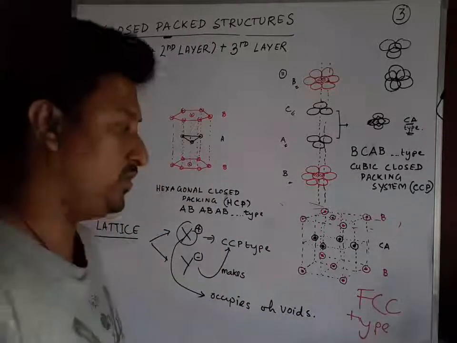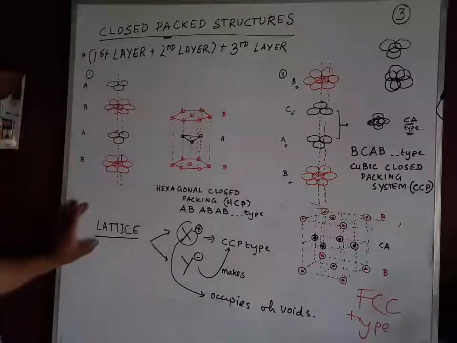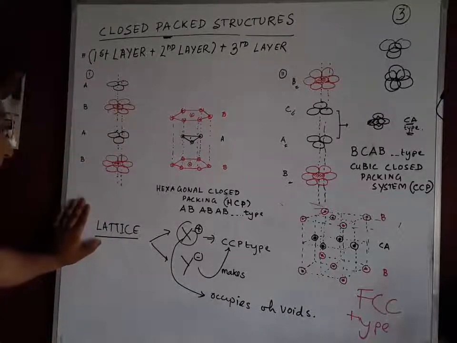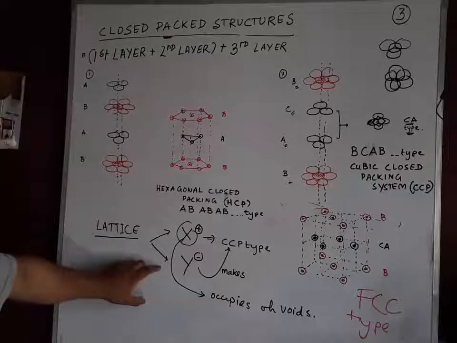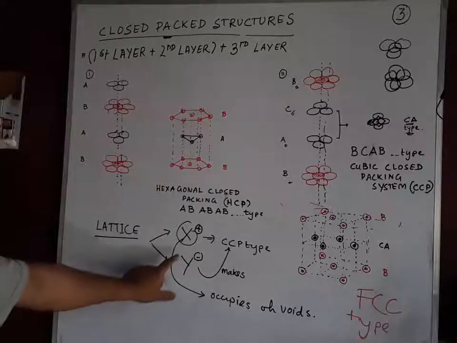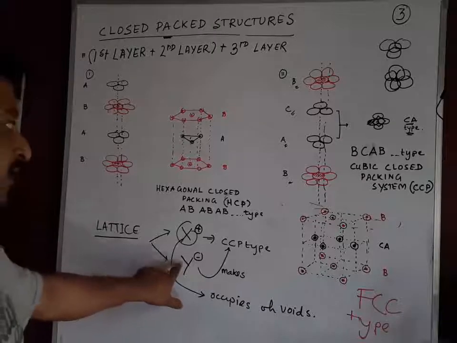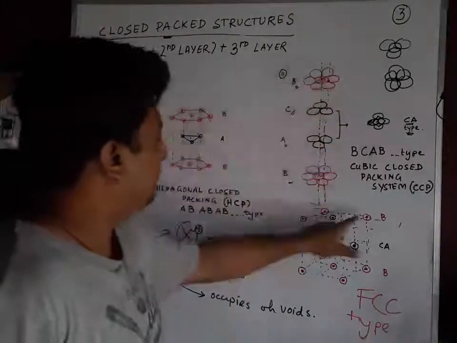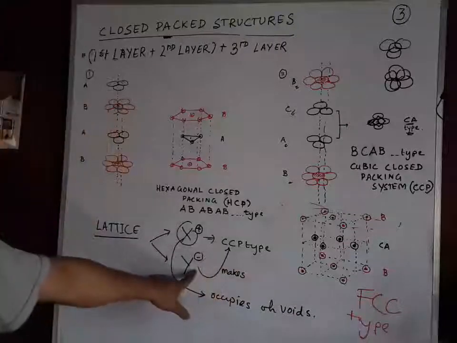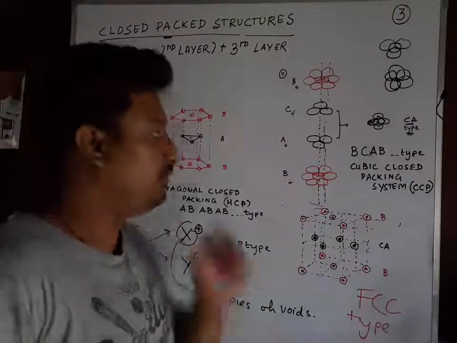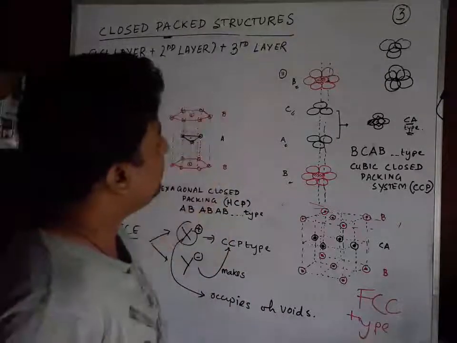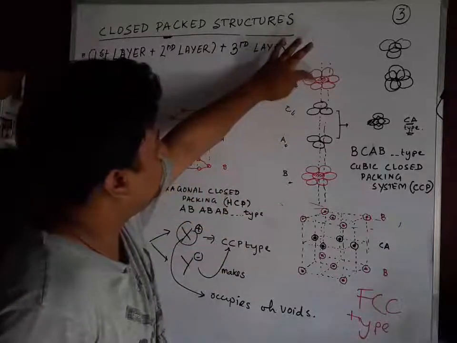Let me write down the question. A lattice compound forms a CCP type crystal arrangement, where X is the cation and Y is the anion, and Y makes the CCP arrangement, that means all the atoms here which make the CCP arrangement are Y, and X occupies the octahedral voids. Which one is the octahedral void here? This one is an octahedral void, this one is an octahedral void.